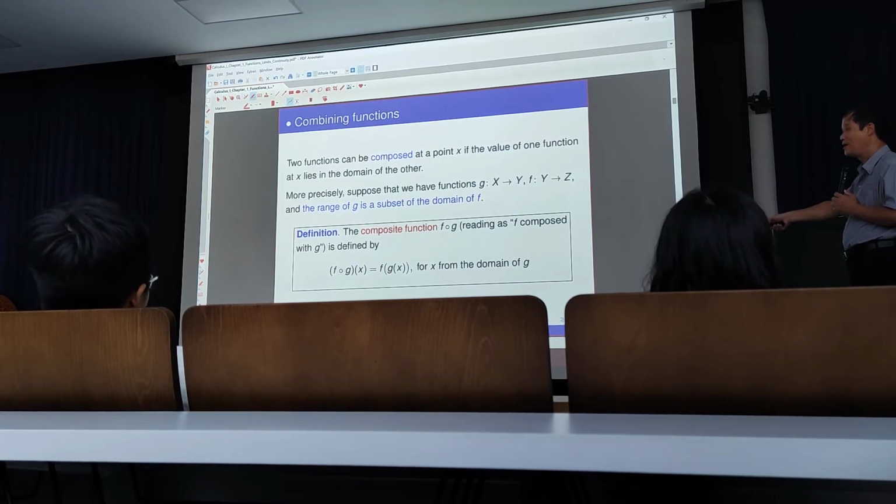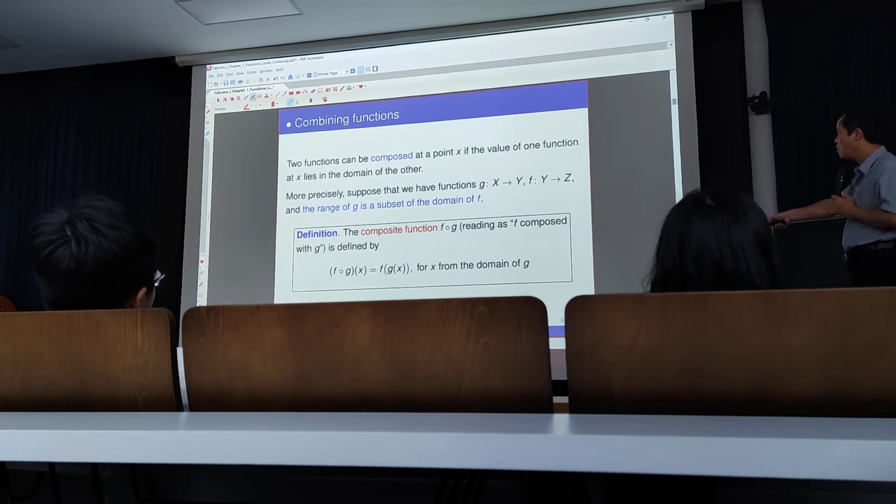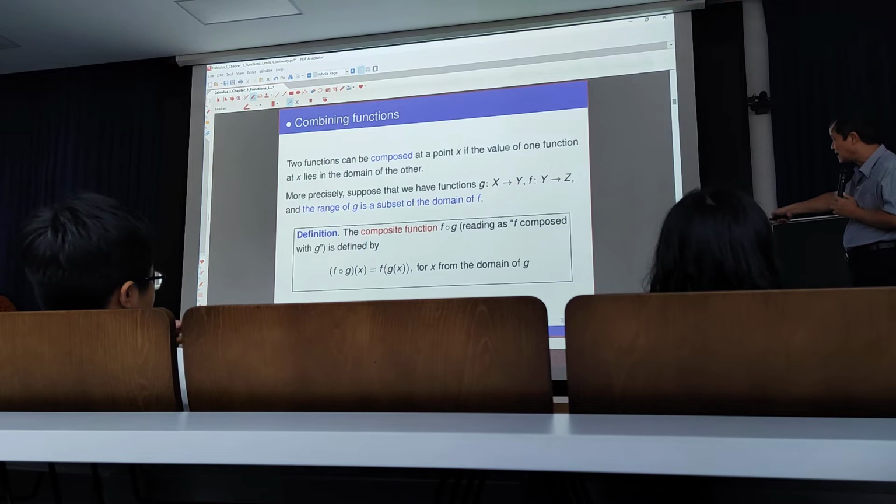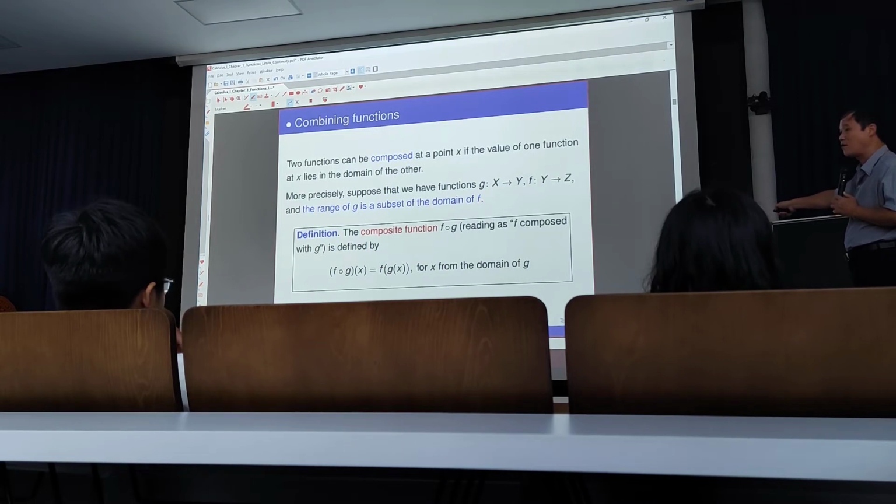Bên trong. And after that, you apply f on the value g(x), and f is called the external function. Là bên ngoài. Right. In this case, you understand that for every x from the domain of g, g(x) in the range must be in the domain of f.